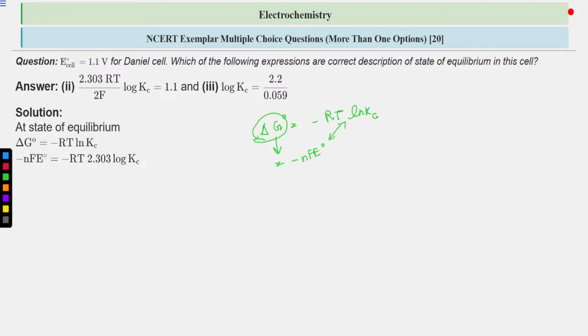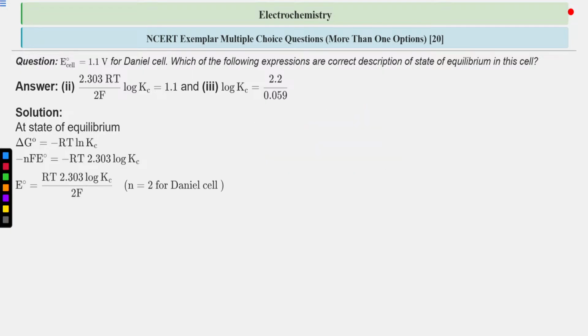So we write minus nF E naught equals minus RT 2.303 log Kc. We convert this ln to the log base 10 term by just multiplying it by 2.303. This is also a log property. Now E naught equals RT, because this minus will cancel out, and whatever term we have common will also cancel out.